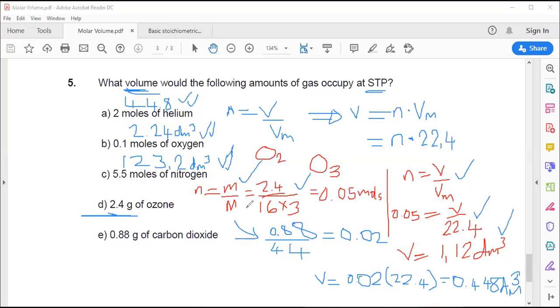So it's mark formula, substitution, answer. Formula, substitution, answer. So your total is going to be, here you've got 5, 10, 12, 14, 16. Then I have to count the top.